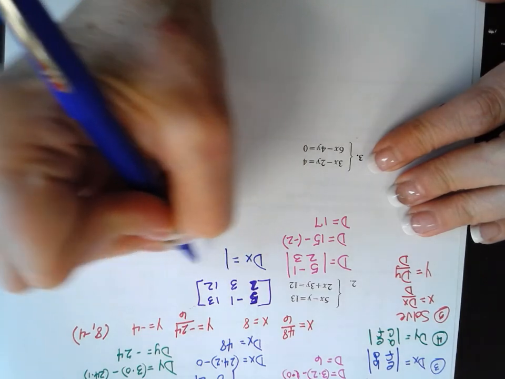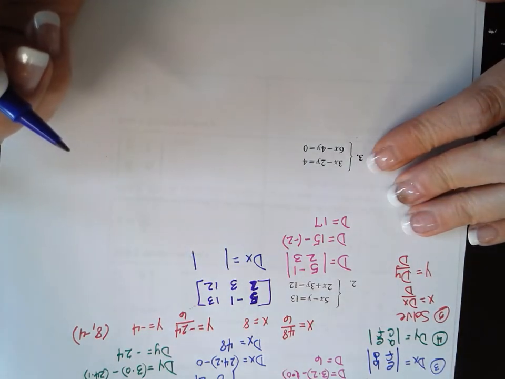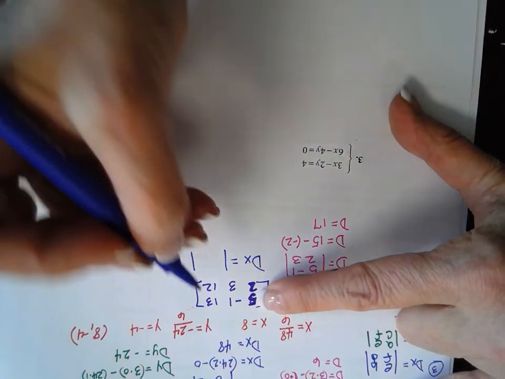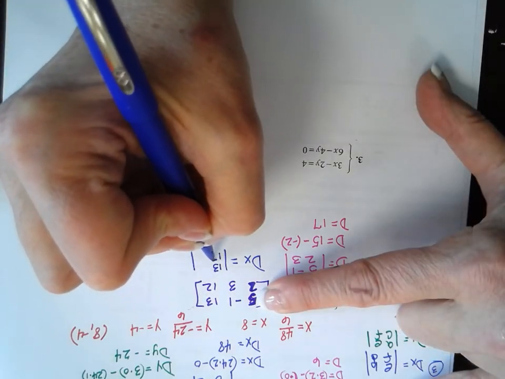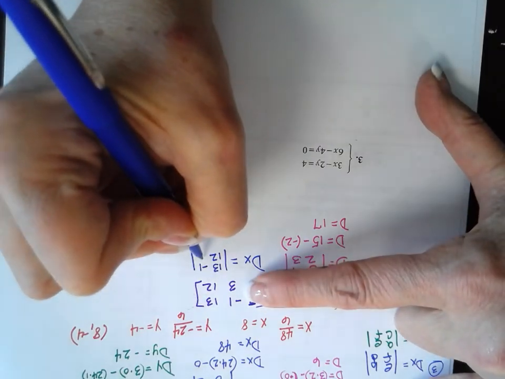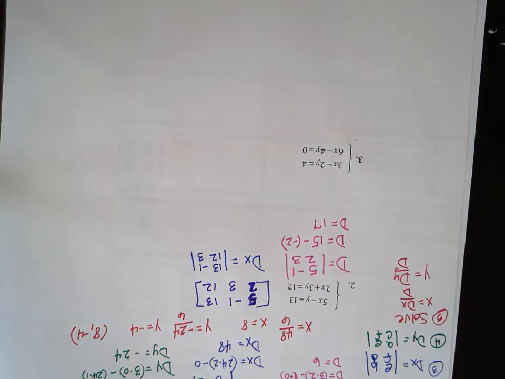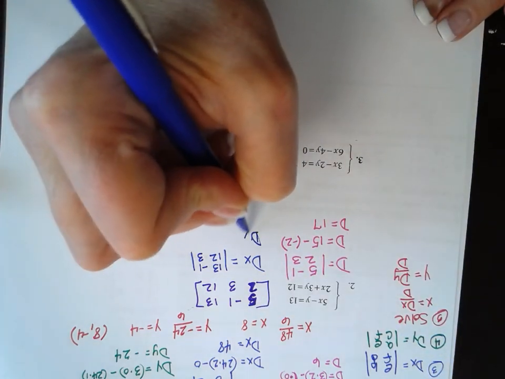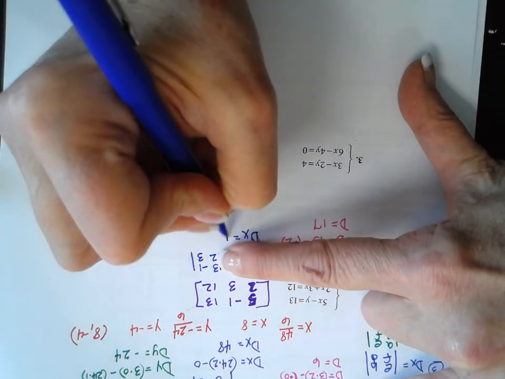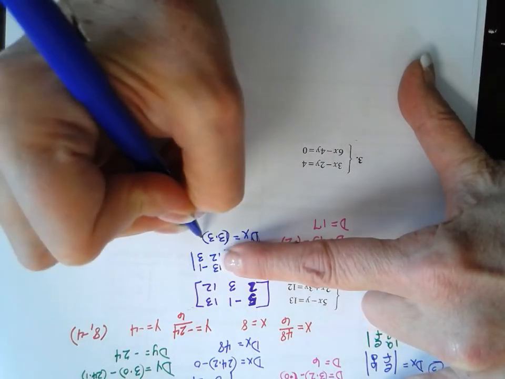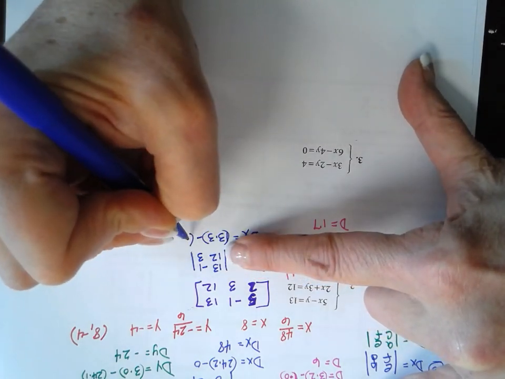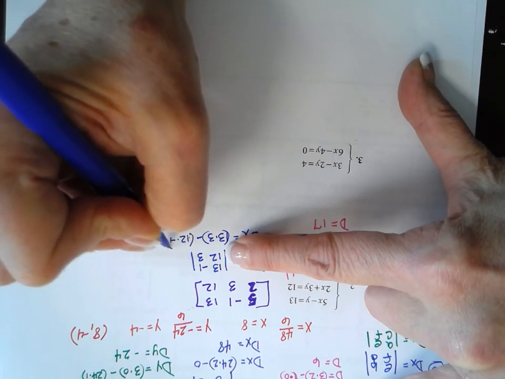Determinant of x. What column am I going to replace? The x column with the total column. Y column stays the same. And so I have 13 times 3 minus 12 times negative 1.